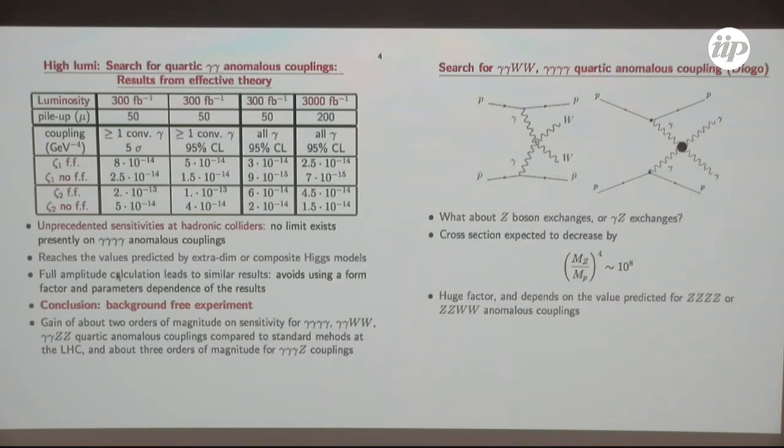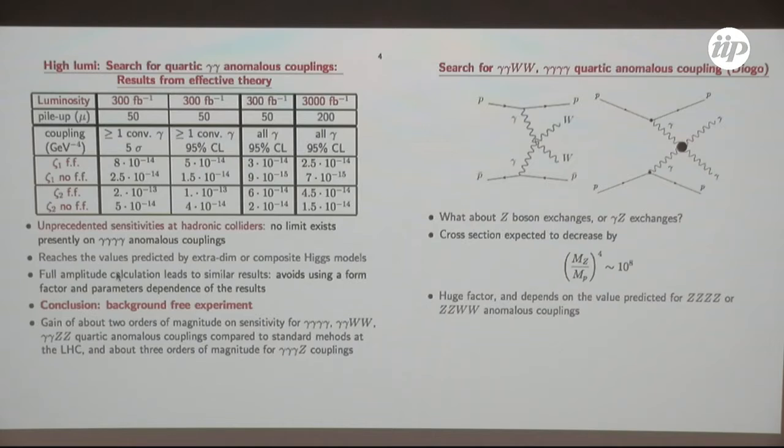And if we compare this kind of reach with the standard reach at the LHC, without detecting the protons, we gain about 2 orders of magnitude on the reach of the coupling, again with 300 inverse femtobarn. This is the case for gamma-gamma, so 4-photon anomalous coupling, also gamma-gamma WW and gamma-gamma ZZ.